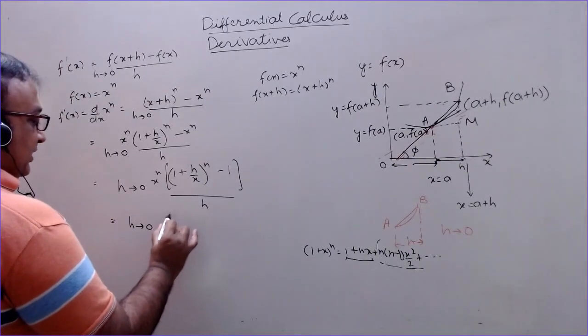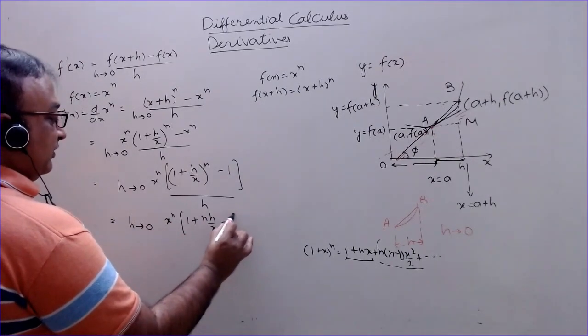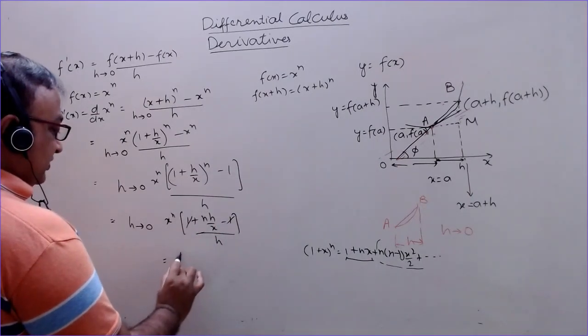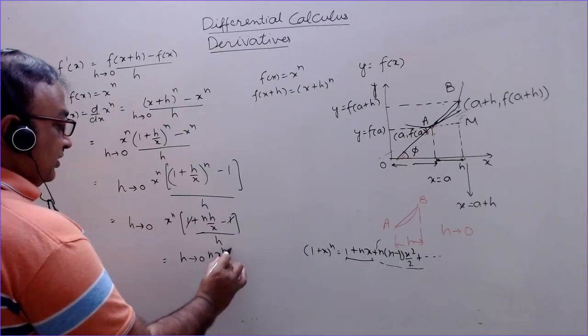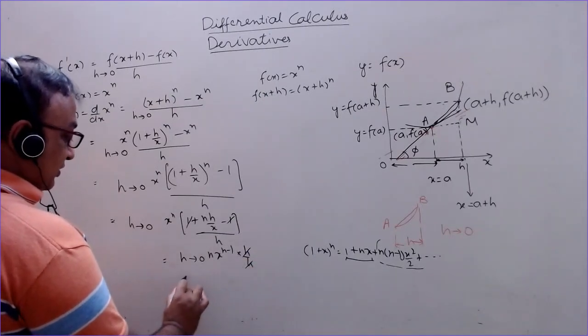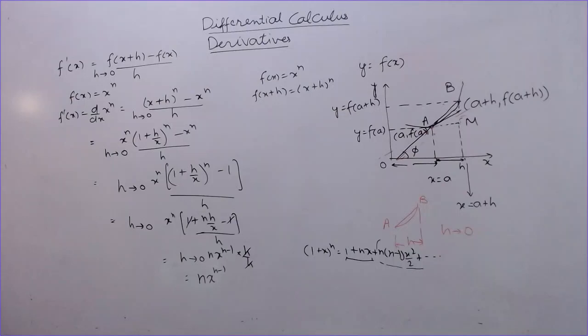So x^n times (1 plus nh/x minus 1) divided by h. 1 cancels out. So as h tends to 0, this is n x to the power n minus 1 into h by h. h cancels out.